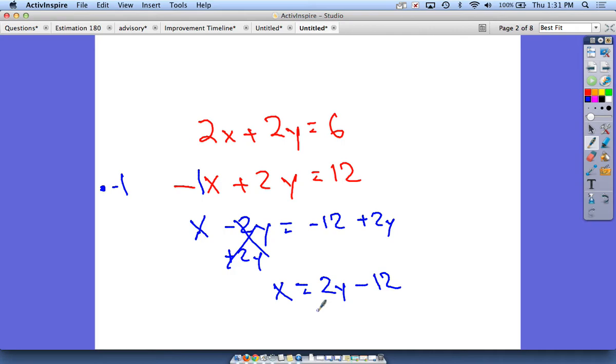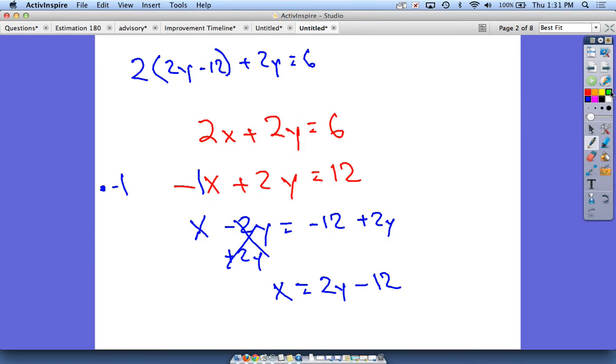Now I'm going to go to one of my equations and put in 2y minus 12 for x. We'll just do the top one. So I'll do 2 parentheses, and here's where I'm going to put what x equals. x equals 2y minus 12, plus 2y equals 6.